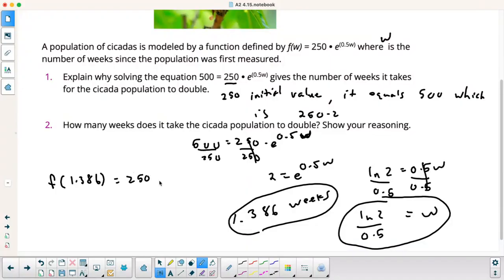Let's see what I get. 250 times e to the 0.5 times 1.386. And sure enough, it gave me 499.93. Okay, so it looks like it worked.